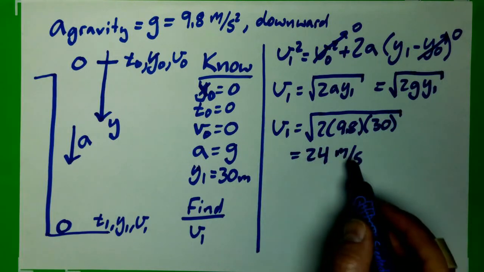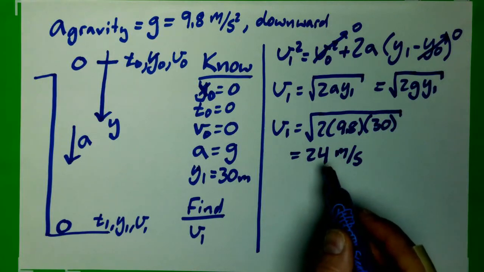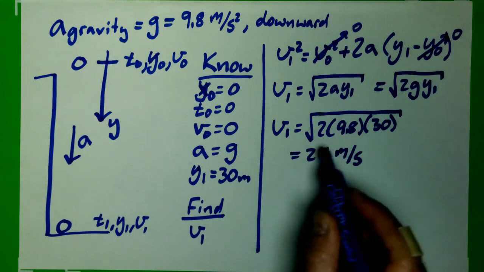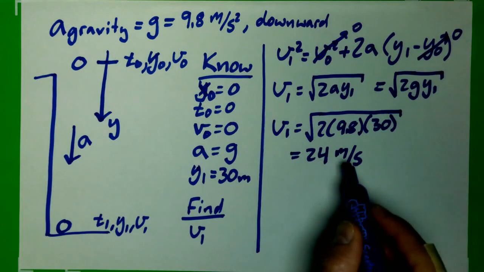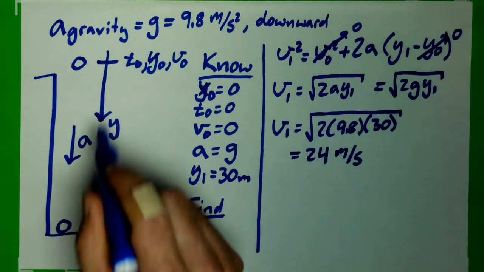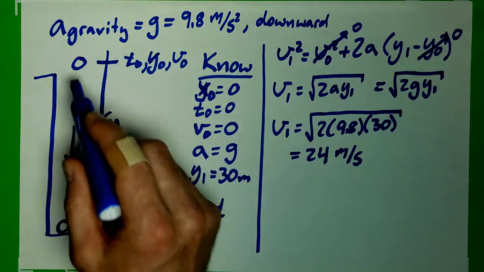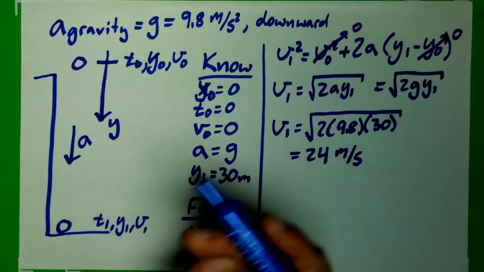If it was 240 meters per second, well, that's moving a couple football fields every second. That's way too fast. And so this 24 seems reasonable as I consider moving the decimal place one way or the other. And then the other thing we did is ask how fast it would be moving about every second. And 3 seconds seems to be about a reasonable fall time when dropping this ball.